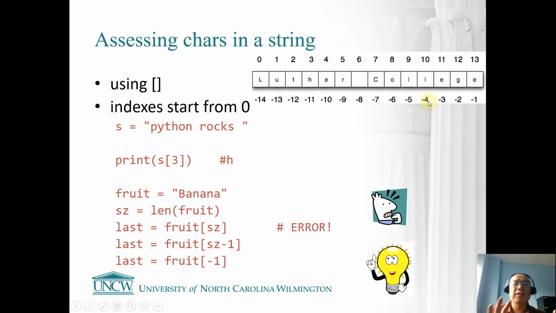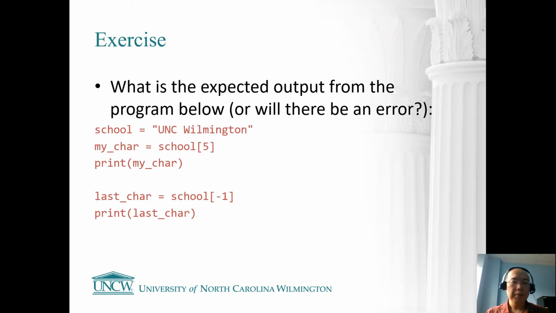Those are different ways of doing the indexes, and they are both supported in Python. Sometimes, if you want to grab the last character or the second last character, using negative indexes can be super handy. For the last character, that is square bracket negative 1, and square bracket negative 2 for the second last character, right? Don't forget the square brackets.